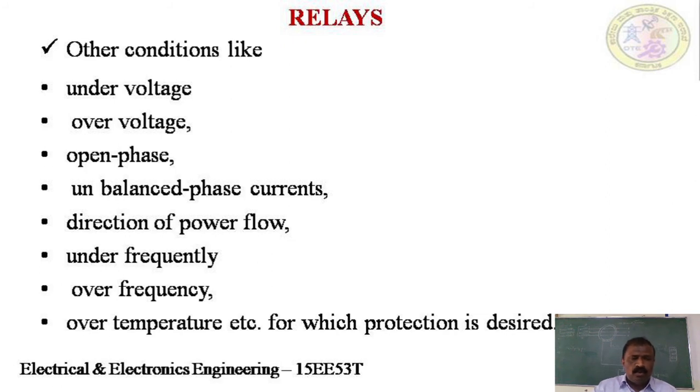They can also give the open phase indication and the unbalanced phase currents. They give the direction of power flow, the indication for under frequency or over frequency, and the indication for temperature beyond the ambient value, which is referred to as over temperature.